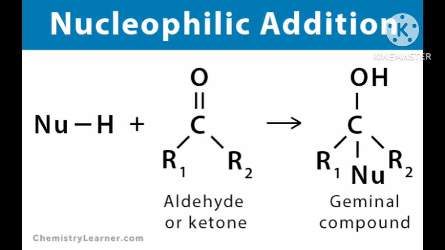Here I want to discuss the mechanism of nucleophilic addition reaction. You know that the structure is a planar structure, C double bond O, and with C two other groups are attached.